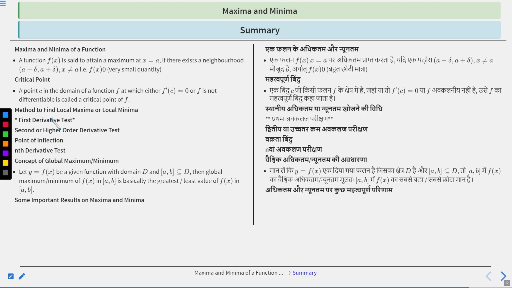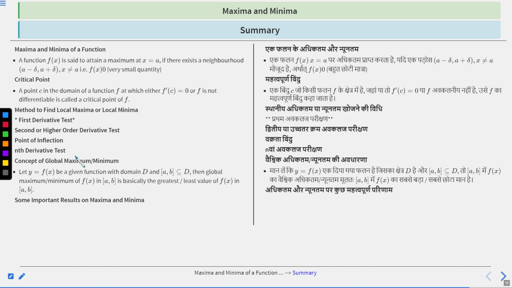Next, we have discussed different methods to find local maxima or local minima, in which we have seen the first derivative test, and the second order or higher order derivative test. After that, we have seen what a point of inflection is, right? And we have seen the nth derivative test.